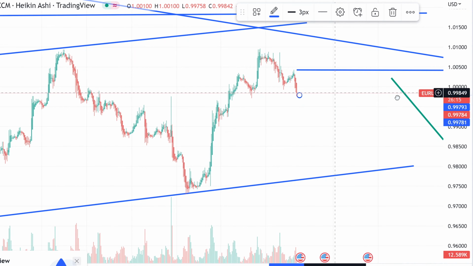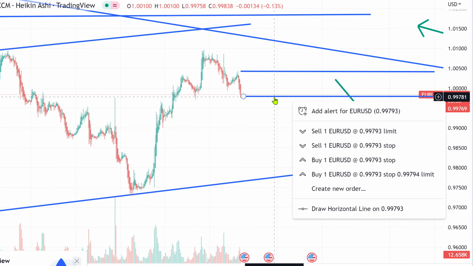That is more than 600 points already, and we need only 300 points, which is 30 pips. So there is a lot of movement, but you don't need all of it to get that amount.